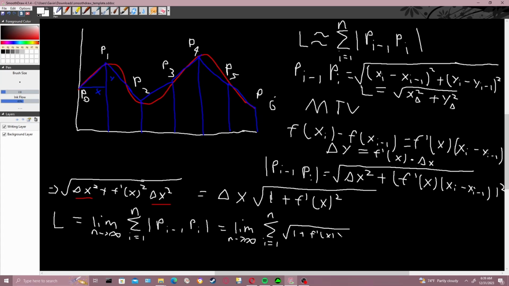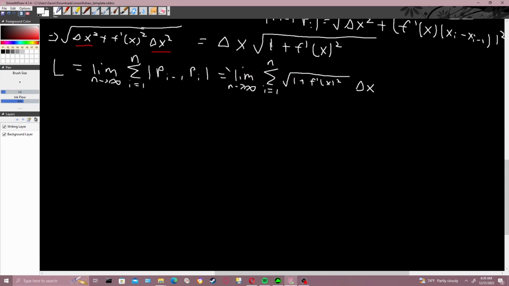F prime x squared, times the change in x, which is the definition of our sigma notation for an integral.